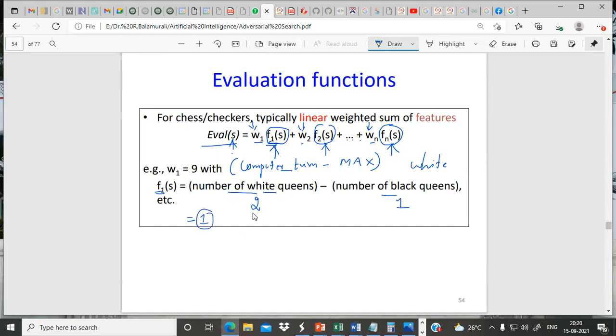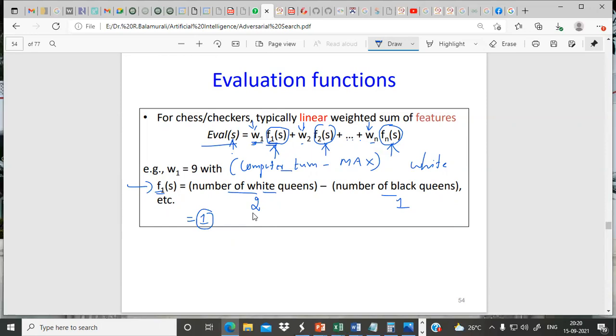When you get a positive number, it means that for this particular evaluation score, the computer is at the upper end. Still, you should try to increase the weight associated with this, and the weight associated with the negative one should be decreased.